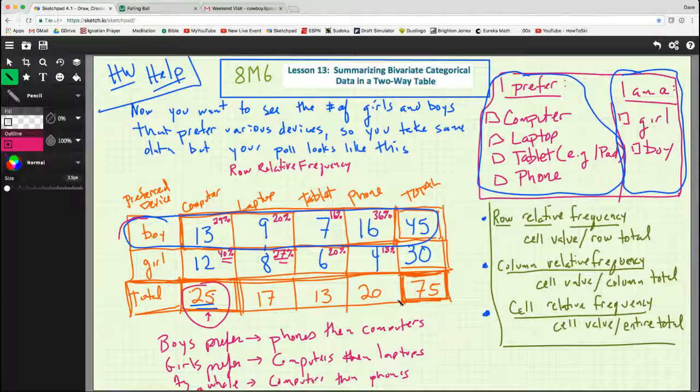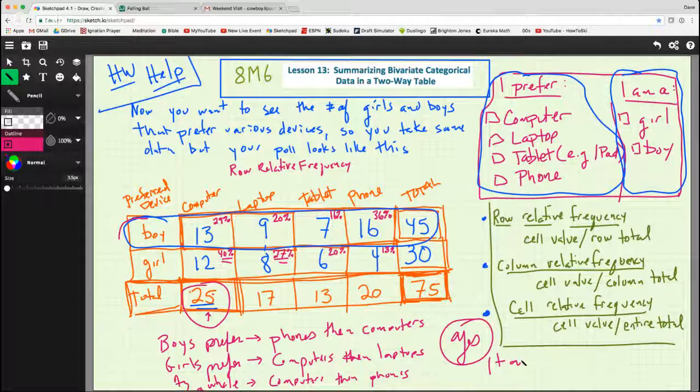So what do you think? The question is, do you think it matters if you're a girl or a boy, is it different? And the answer is yes.